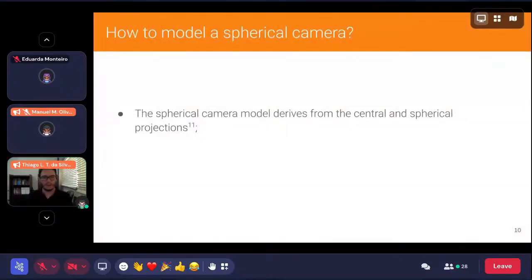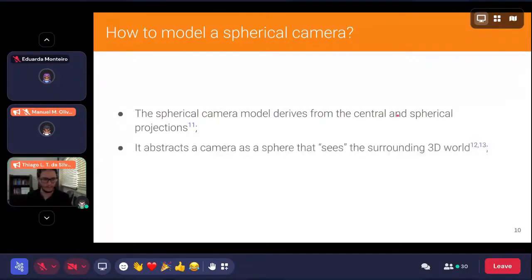So we have here what we call the spherical imaging model, and it is based on what we know as central projection and spherical projection. Central projection is also considered in pinhole imaging. The basic idea is that everything in the world is projected to a plane in the pinhole case, or a sphere in the spherical case, that is centered on a 3D point in those world coordinates.